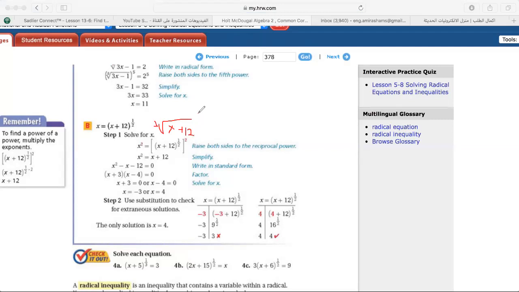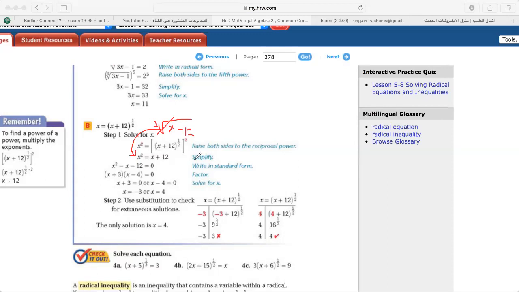Then I'm going to raise both sides to the power of 2. Then the power of 2 will cancel this radical. Then I will get this step: x squared is equal to x plus 12.